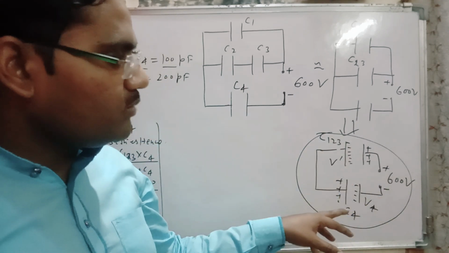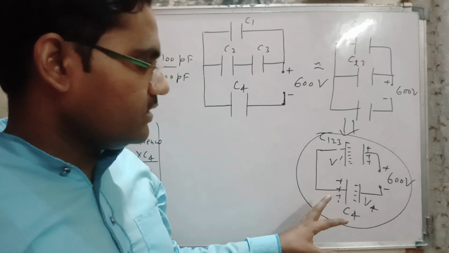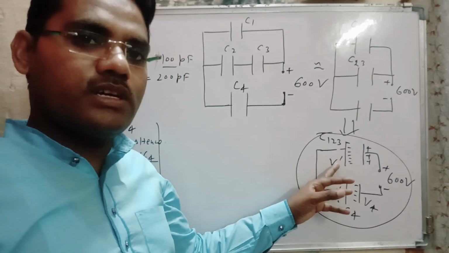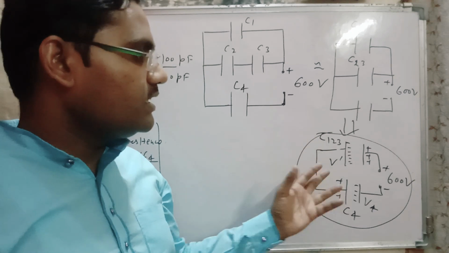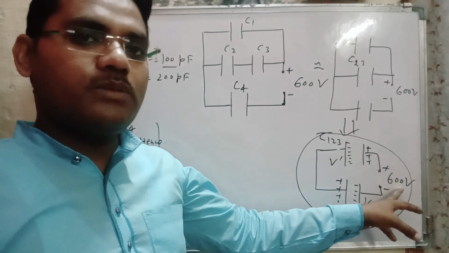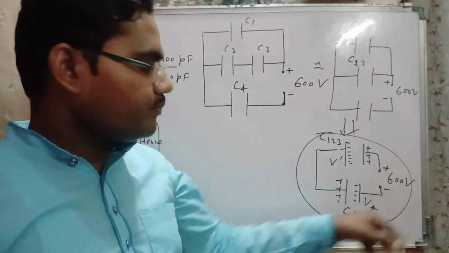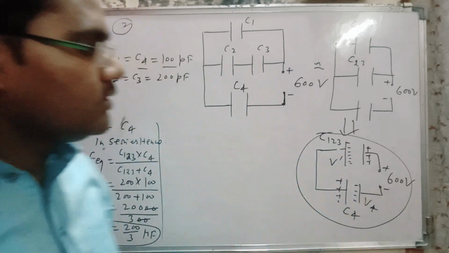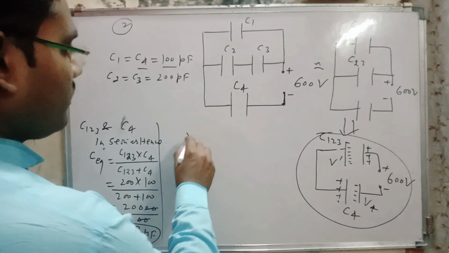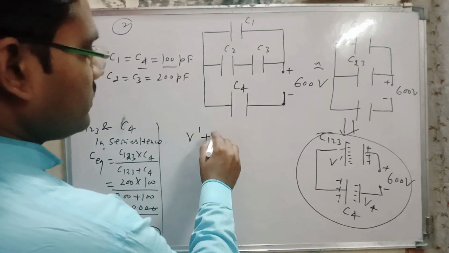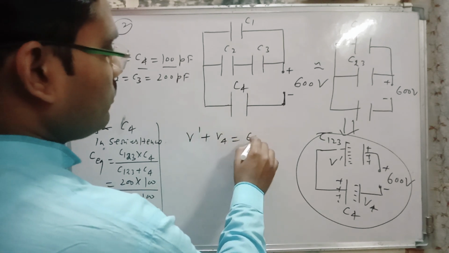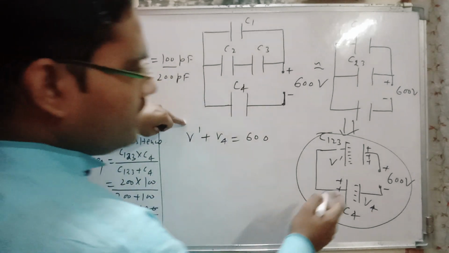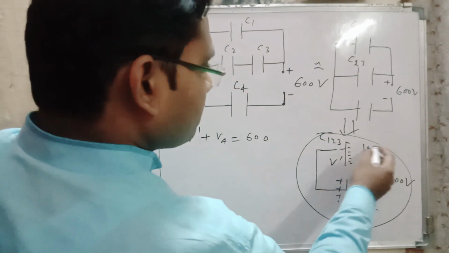In series combination, the sum of potential differences across the capacitors is equal to the total potential applied. That means V dash plus V4 is equal to 600. Here we take charges.